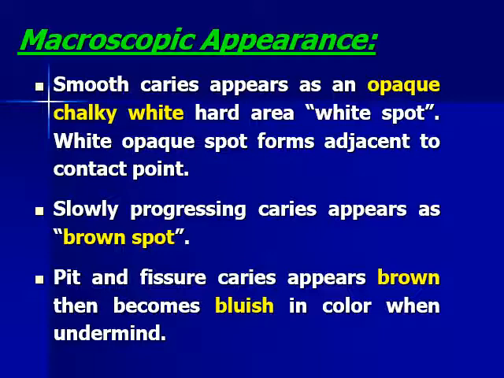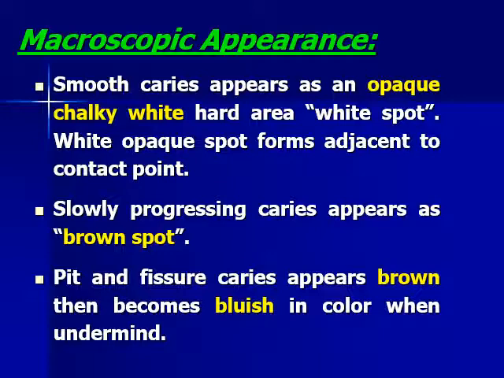The dentist can see these opaque, chalky white lesions, and if you see them and advise the patient to change his oral hygiene and feeding habits, caries can stop at this point, and it's one of the arrested caries we mentioned before.